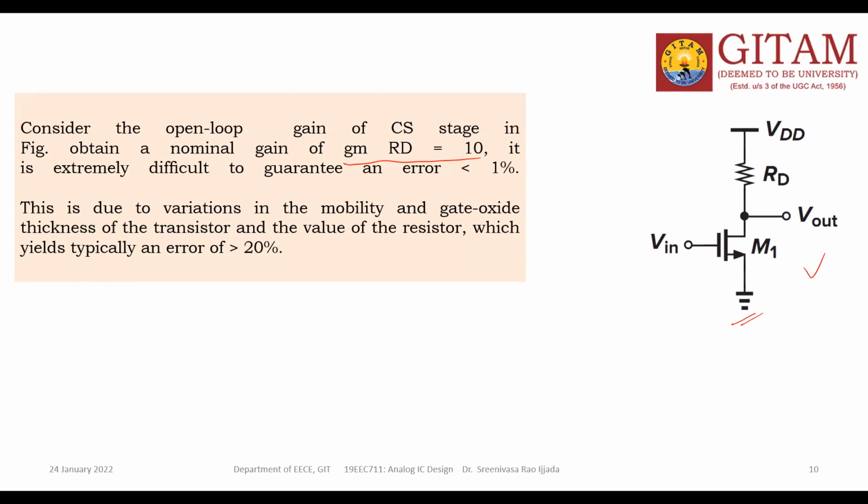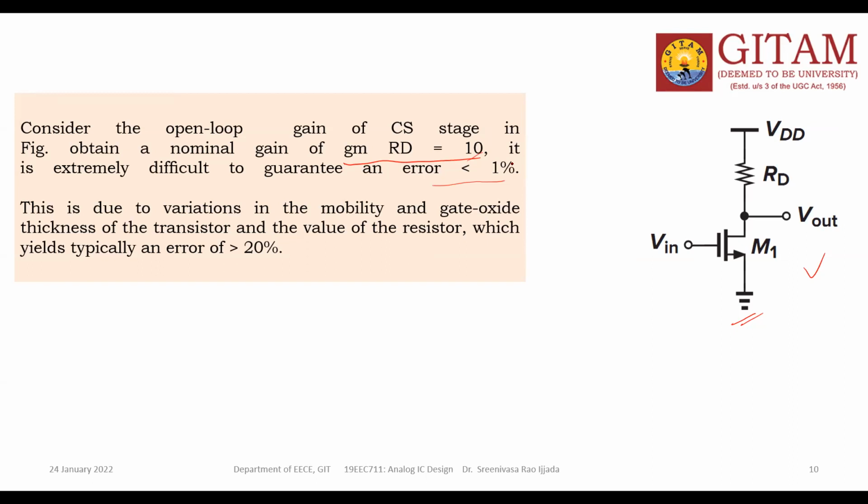Now the same concept I am going to apply to the MOS amplifier, the CS stage. Here its open loop gain is gm into R equal to 10. It is extremely difficult to guarantee an error of less than 1%. Whenever the open loop gain is 10, there is no guarantee of bringing gain error below 1%.